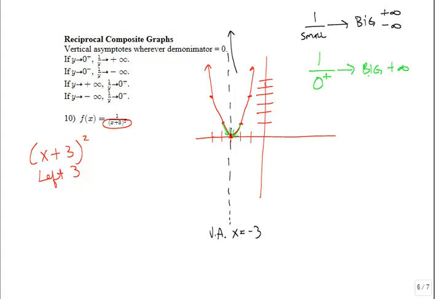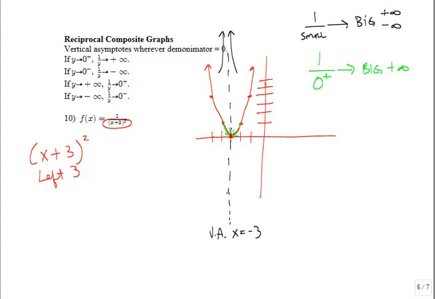It turns big, and since all these are positives, it's got to be positive infinity. So all these points in green turn into all these big points in black going towards positive infinity. So everything in green turned into everything in black. Okay, so now we know what's happening on either side of this vertical asymptote.